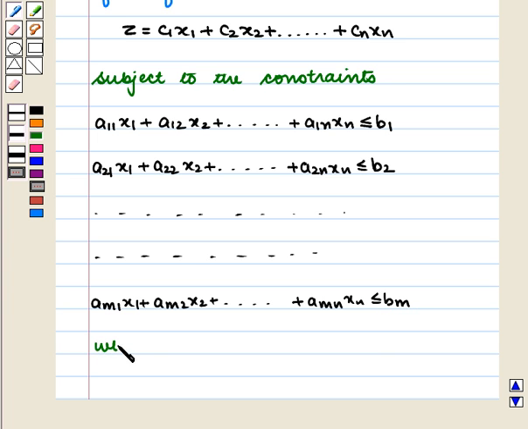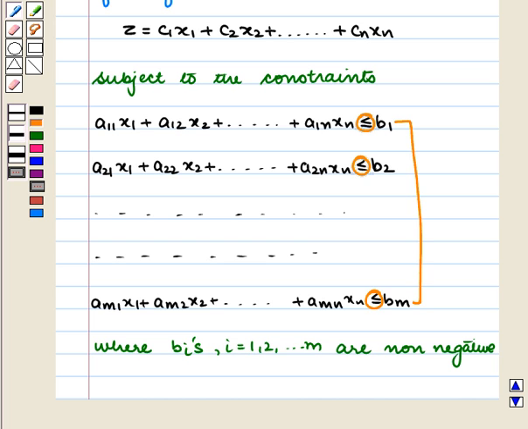where all the bi's, where i equal to 1, 2 and so on till m, are non-negative. The inequalities used in these constraints are less than equal to type.